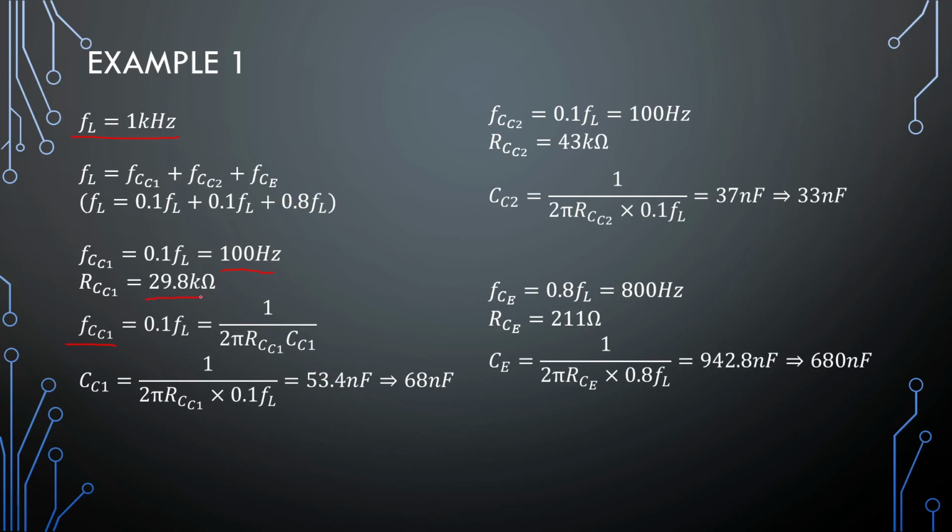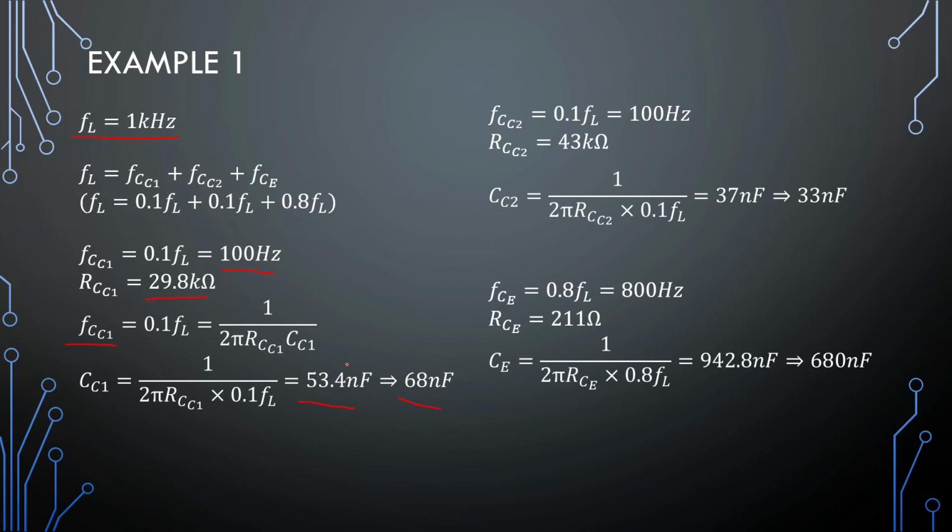Right, now we just take the 100 hertz and the 29.8 kilo ohms that we got, and we plug it into this equation, and we can rewrite it as coupling capacitor 1 is 1 over 2 pi times the resistance seen by coupling capacitor 1, multiplied by 0.1 F low frequency. That gives us 53.4 nanofarads, and the closest standard value is 68 nanofarads.